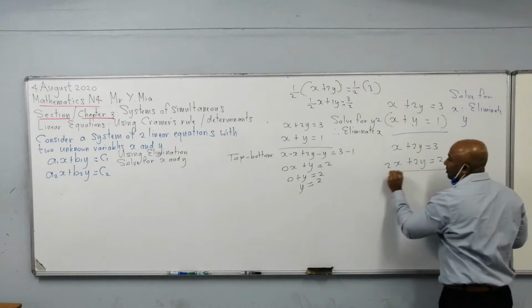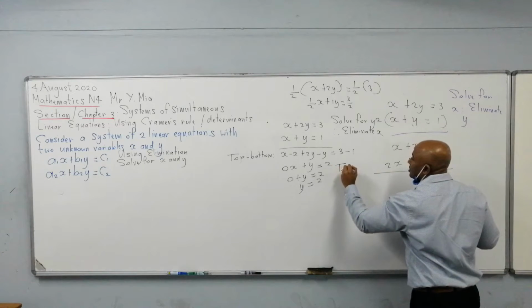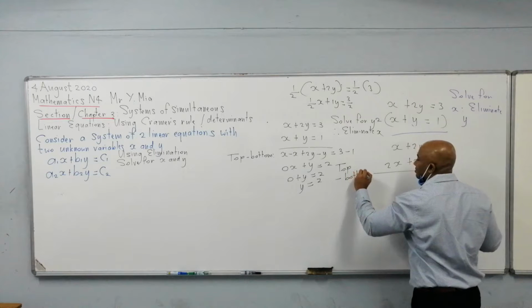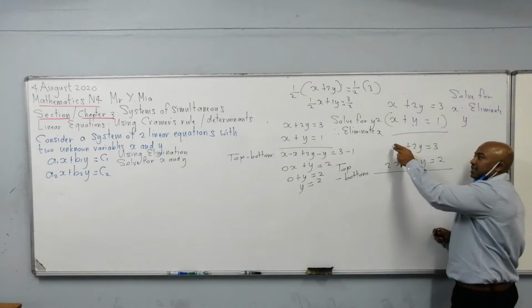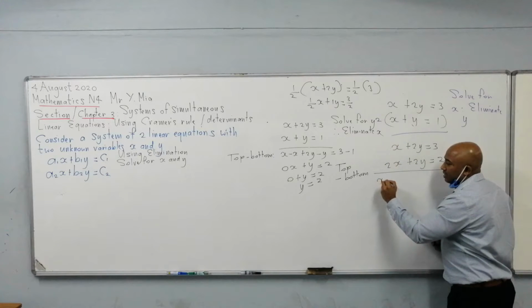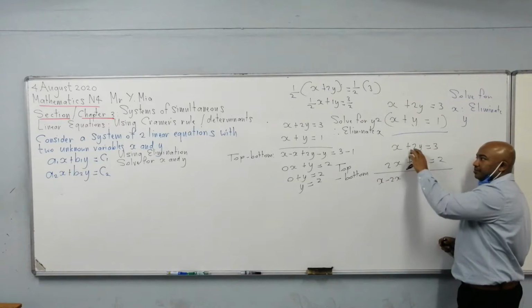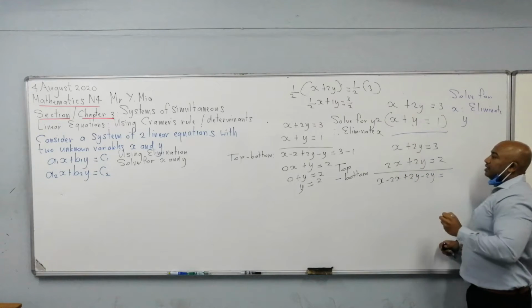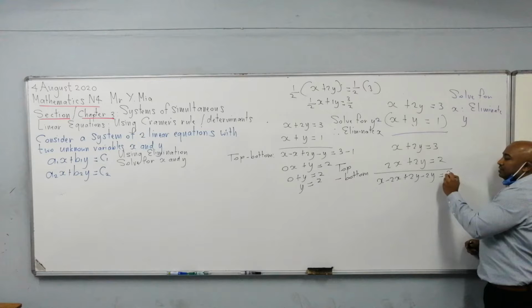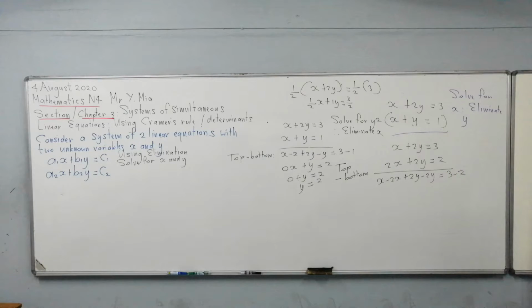So now I'm going to go top minus bottom. So I have to do it term by term. Top minus bottom, so I'm going x minus 2x plus 2y minus 2y is equal to 3 minus 2.